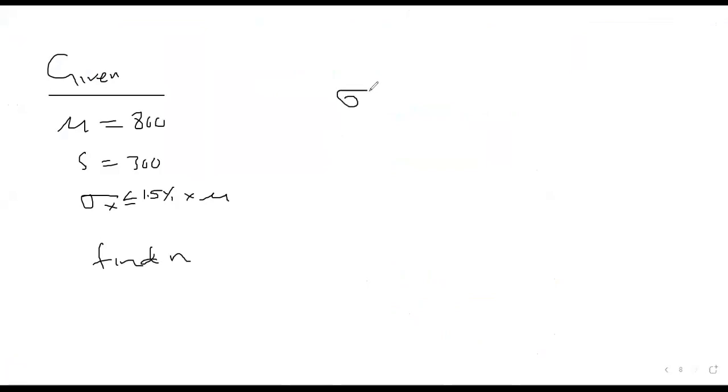So we know that standard error is given by standard deviation over square root of n. And we want our standard error to be less than or equal to 1.5% of 800, which is our mean. So 0.015 times 800, we get 12.